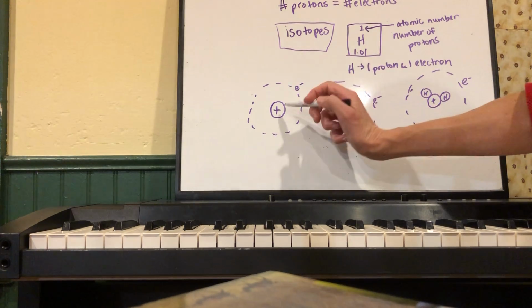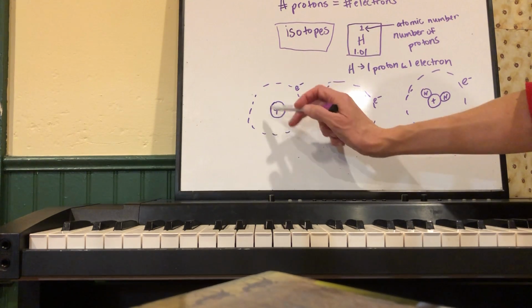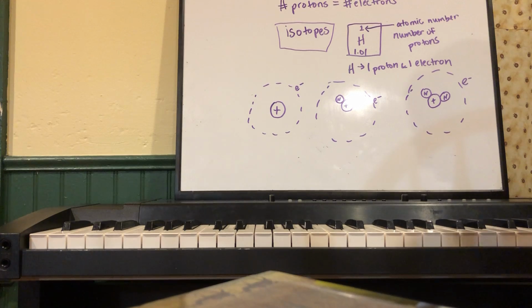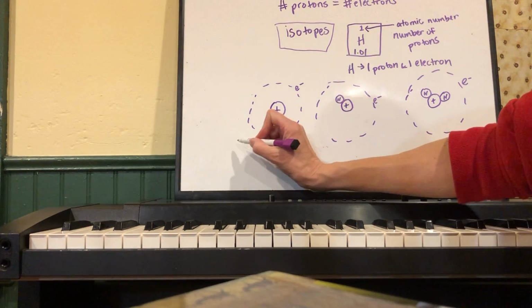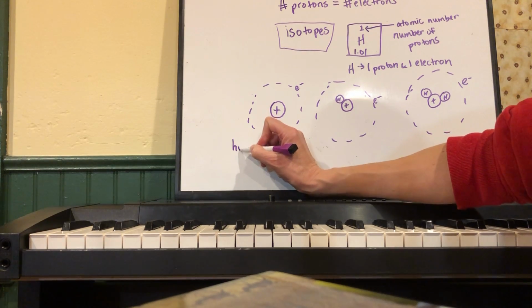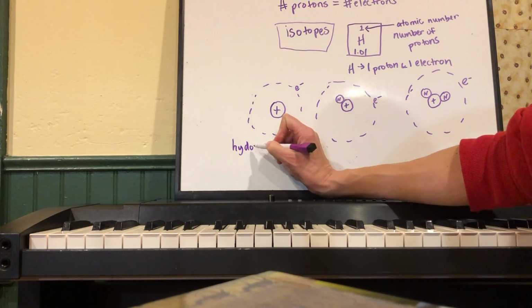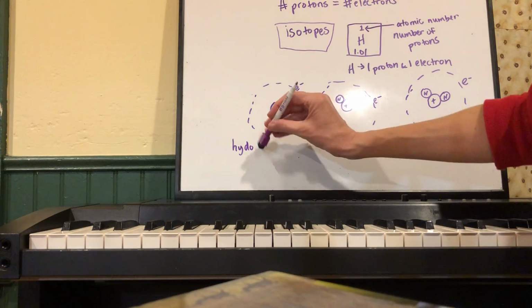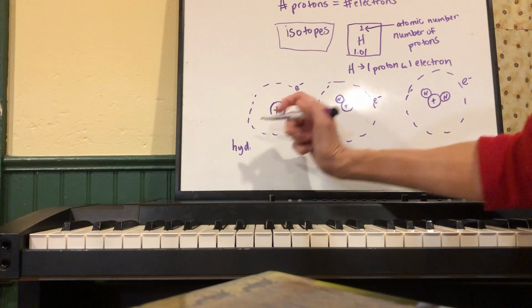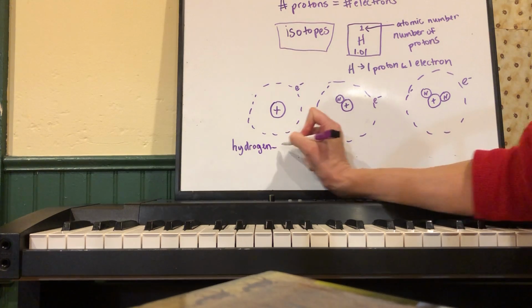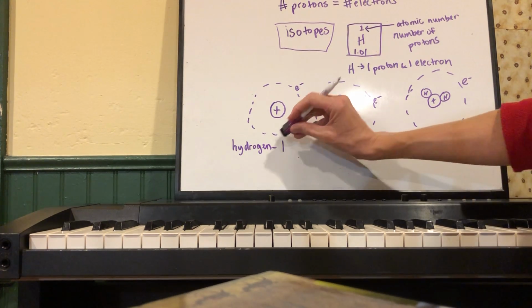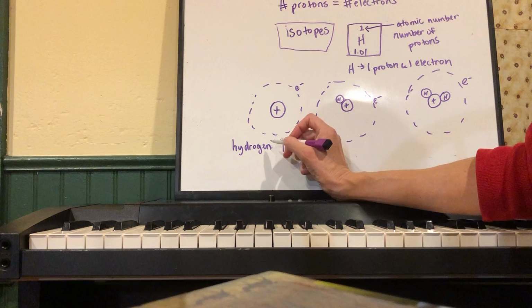So, remember how we said this one has a mass number of 1 because it just has protons. So this one's name is going to be hydrogen-1. And that's a dash. It's hard to read because I can't write very well here.